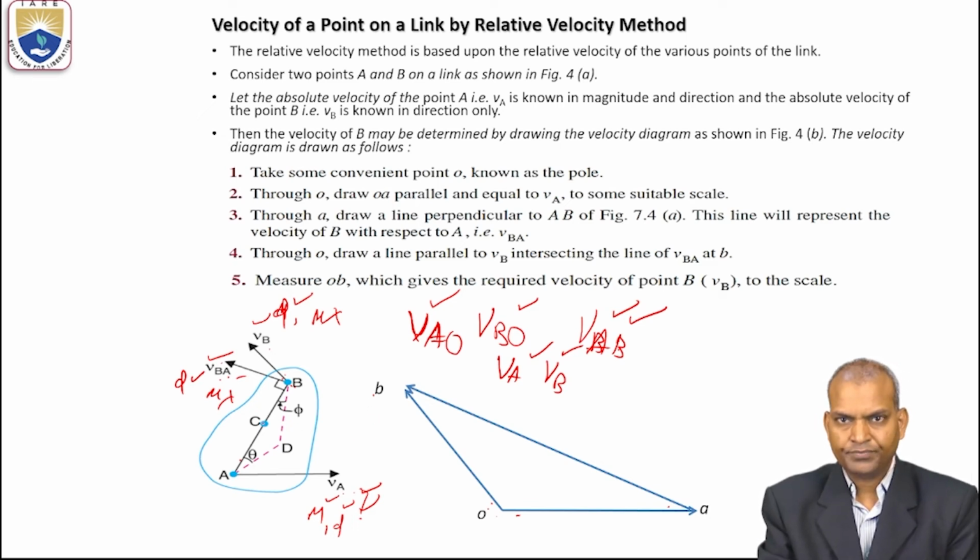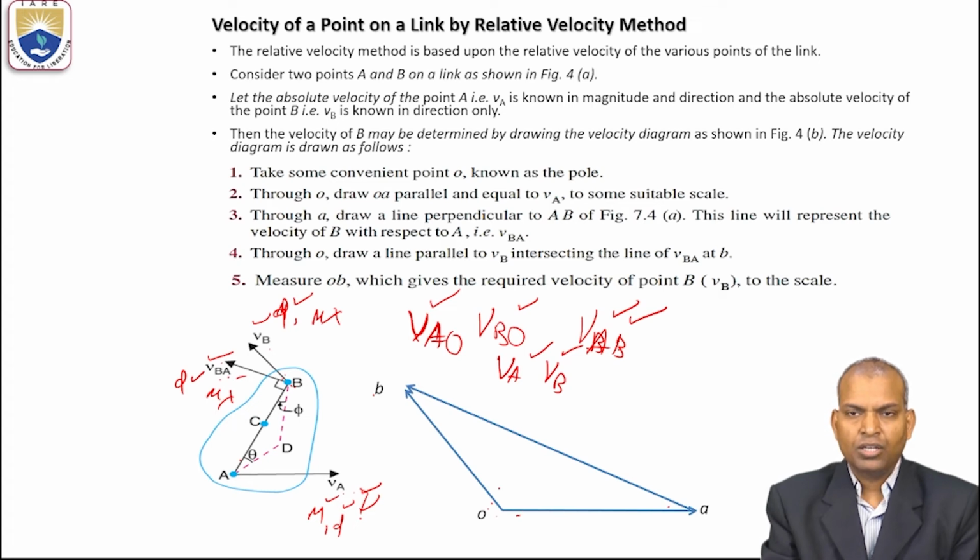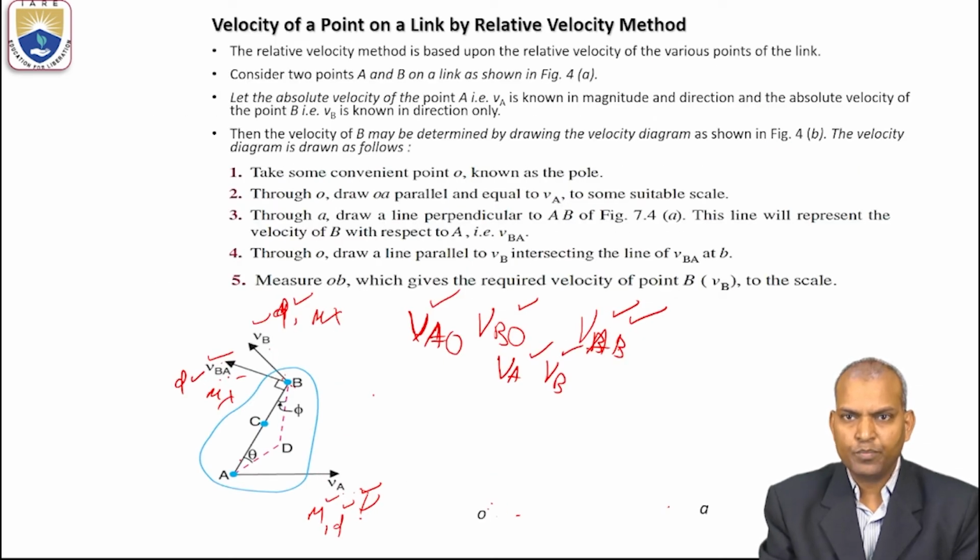In this slide, what is happening here? We know the velocity of A, both magnitude and direction. So let us begin. We have taken some point O. Suppose VA was given as 15 meter per second.